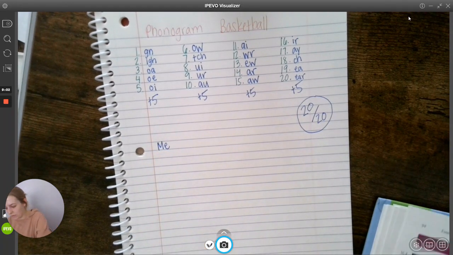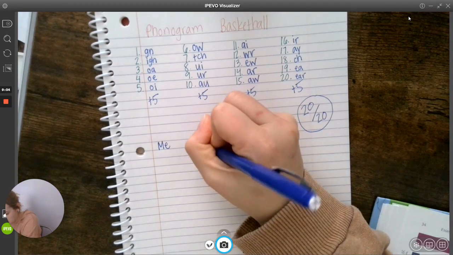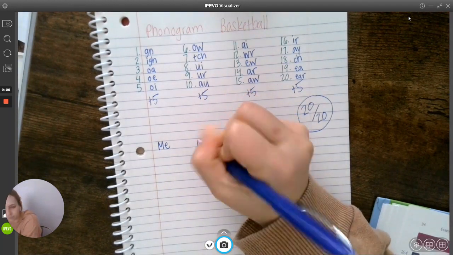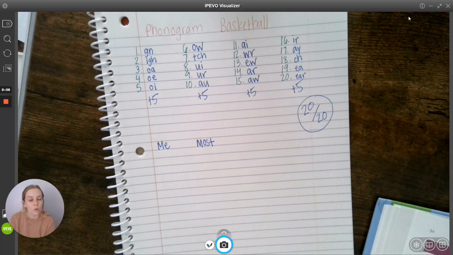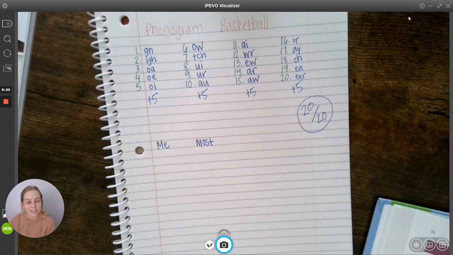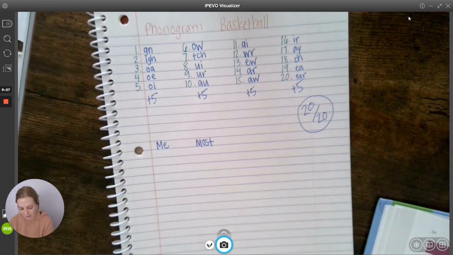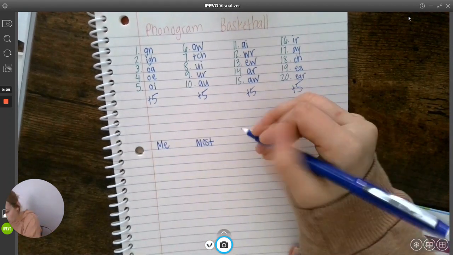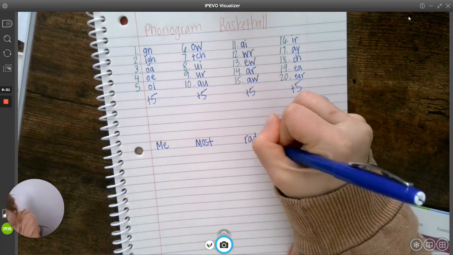All right, what about most? Why is O saying its long sound there? Most. So row 8, I believe. I and O may say I and O, followed by 2 consonants. Very good. What about radar?